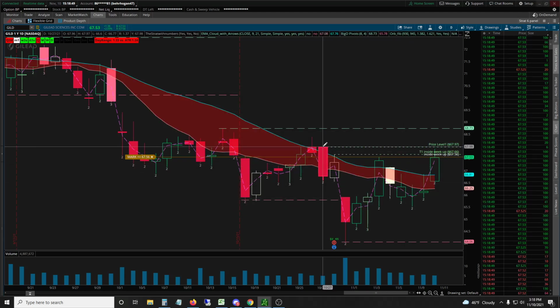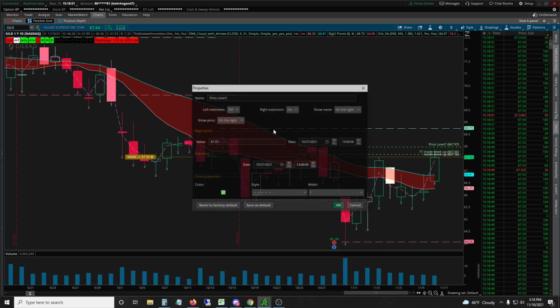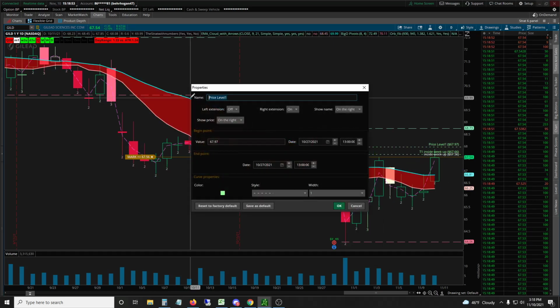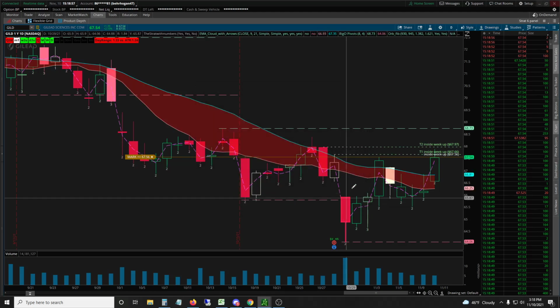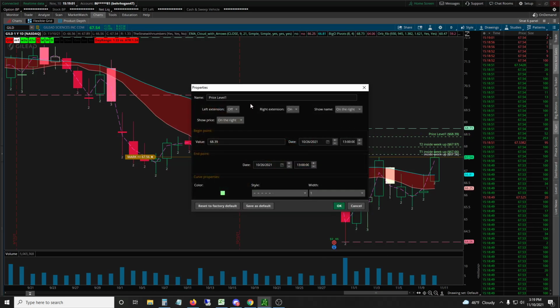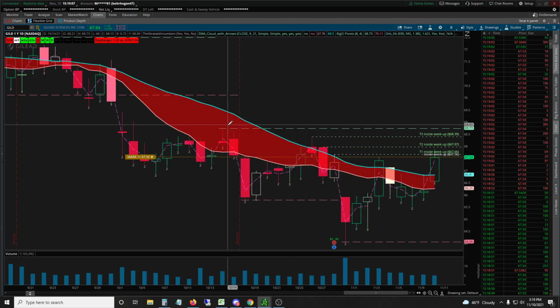This is going to be target 2. T2, Control V, T3, Control V, and then T4. This one here is so close to this one, I'm going to skip this one and go straight to this one.